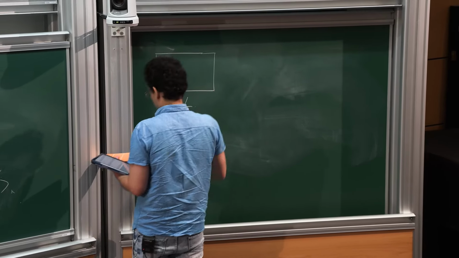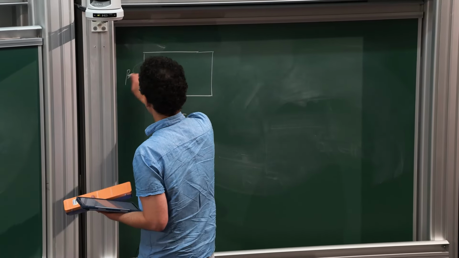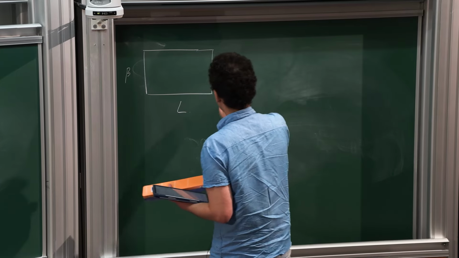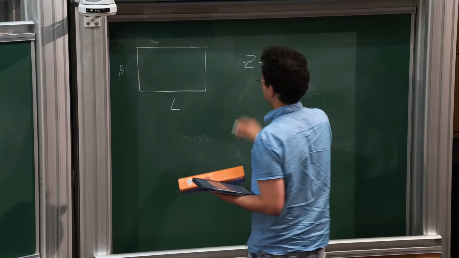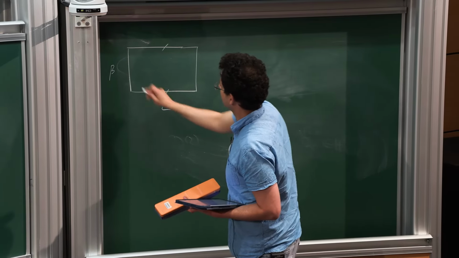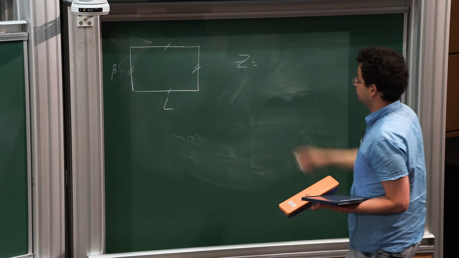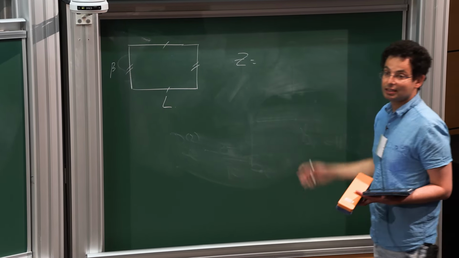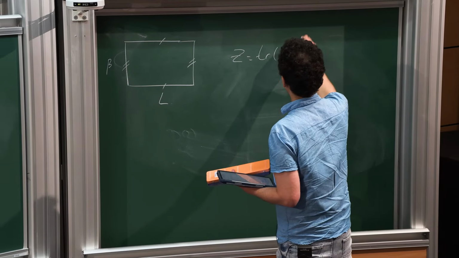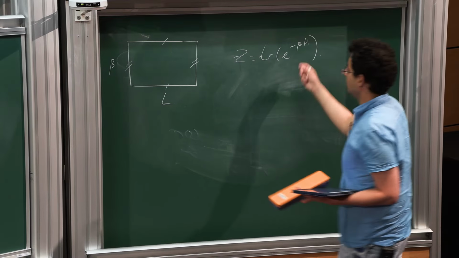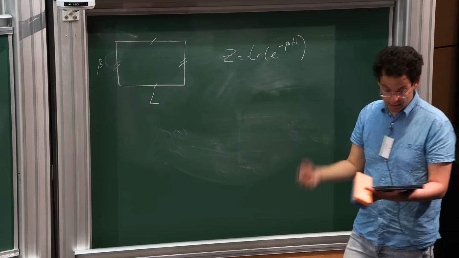So here is the spatial direction. This is the time direction. And if I don't put any fluxes, then the usual partition function of the system is just the trace of e to the minus beta H, where H is the Hamiltonian, in this case acting on a closed chain.